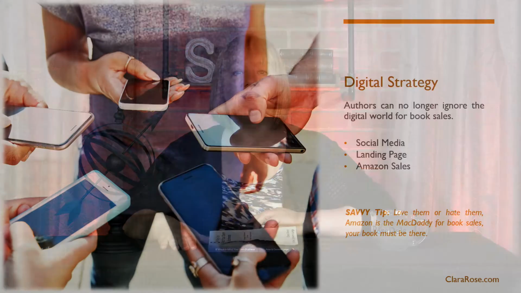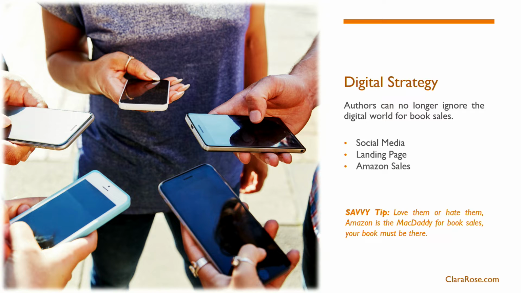But aside from traditional publishing, you have got to be on Amazon. So if you're not publishing with their tool, KDP, then you will need to get your book to them. The truth is, they are the Mac Daddy. So here's your savvy tip about them. Love them or hate them, they are the Mac Daddy for book sales, and your book must be there.